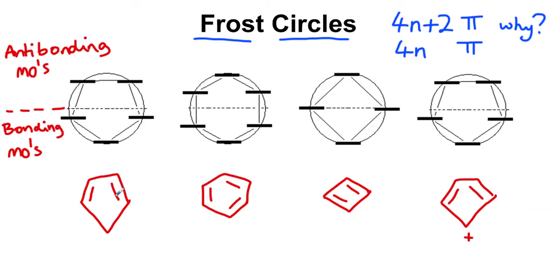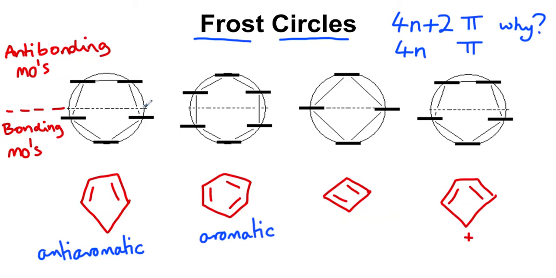The number of pi electrons that it has is 4, which fits this 4n formula where n is equal to 1, which makes this anti-aromatic. Now what that means is that it's not stable at all for some reason, which conversely, compared to benzene, which we know to be aromatic and very stable, there must be a reason why, and it's really to do with the electrons involved in the pi system.